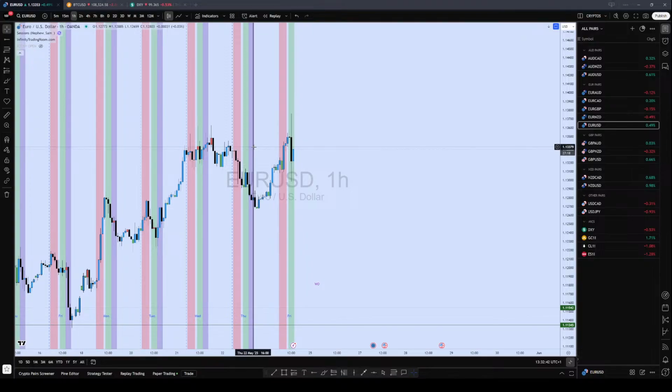In cryptos, price does not respect the New York session price action. Occasionally it might, but most of the time it won't.